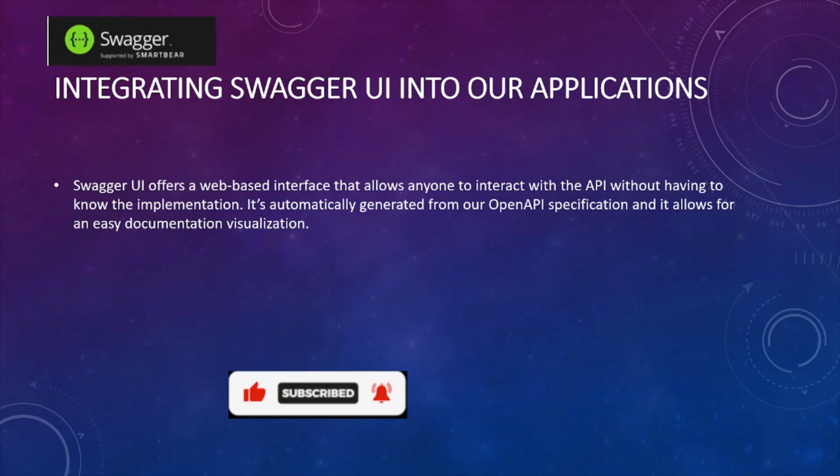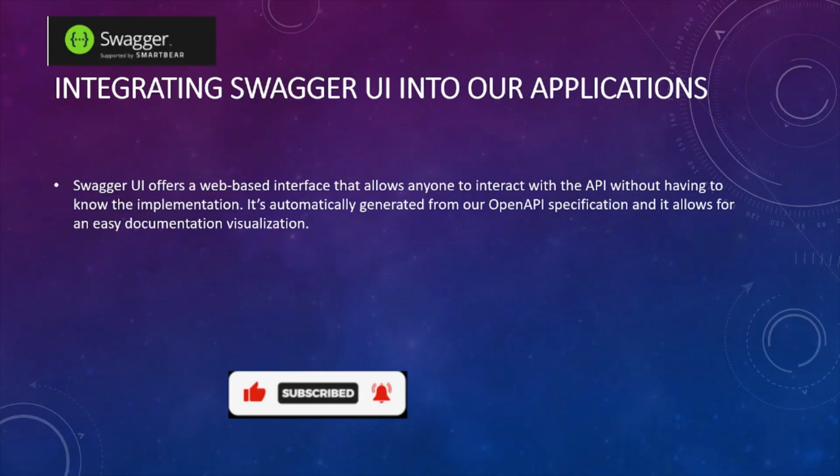And today's video is regarding integrating Swagger UI into our application. So we will start here for integrating. Let me show you how it will work. Basically, Swagger UI offers a web-based interface to allow anyone to interact with the APIs without having to know its implementation.